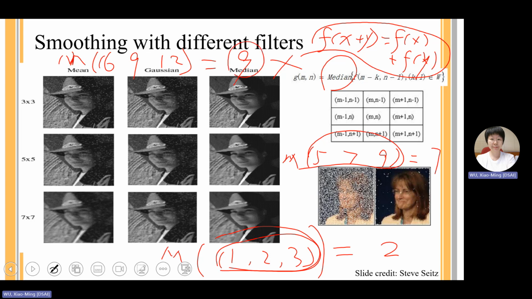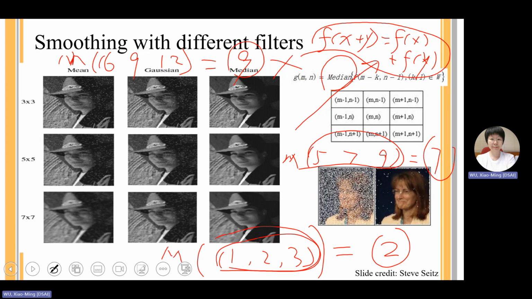And 9 is the result of 2 plus 7, right? Well, it seems it satisfies this equation, right? So is it linear or not?